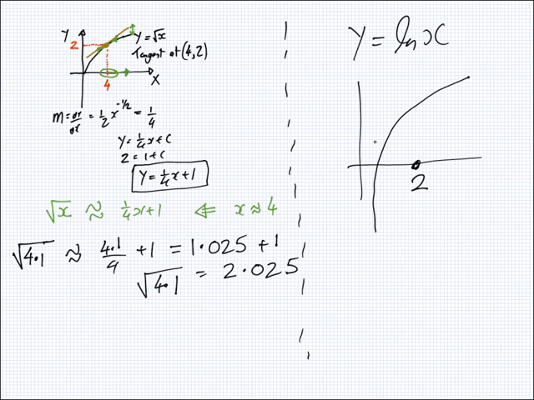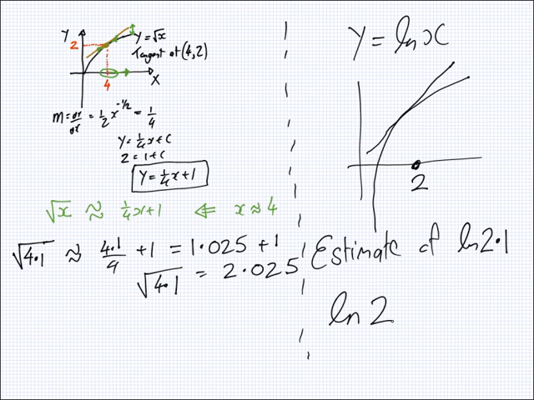And I want you to get a tangent line, because I want you to get an estimate of log 2.1. And you're trying not to use your calculator, so I have to tell you the value of log 2, because you'll need that in the calculation later. It's roughly equal to, I think, 0.69.